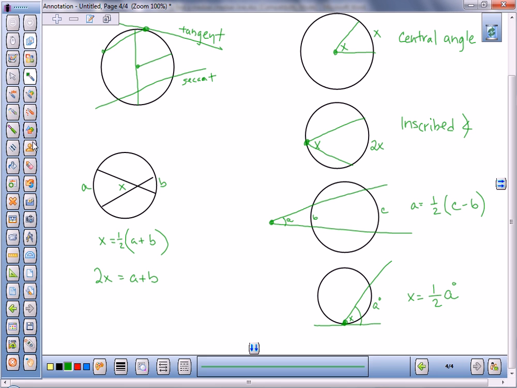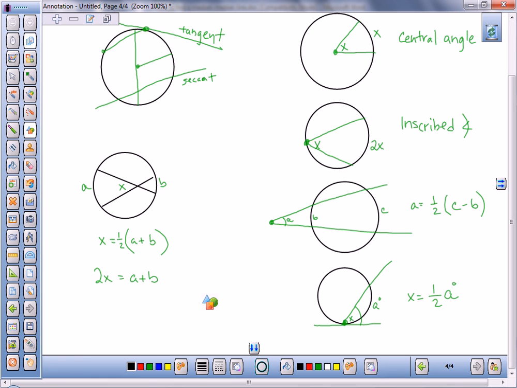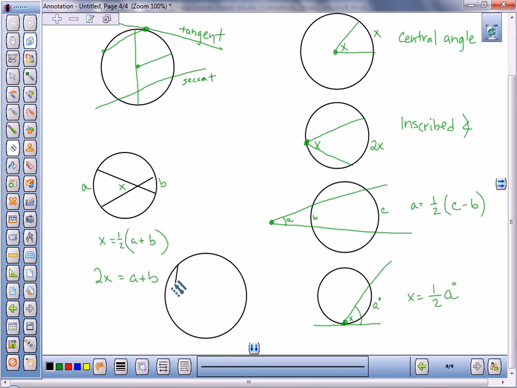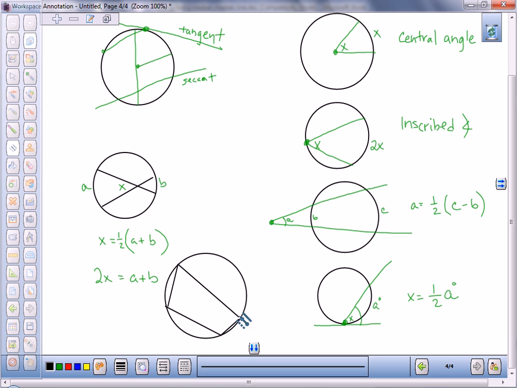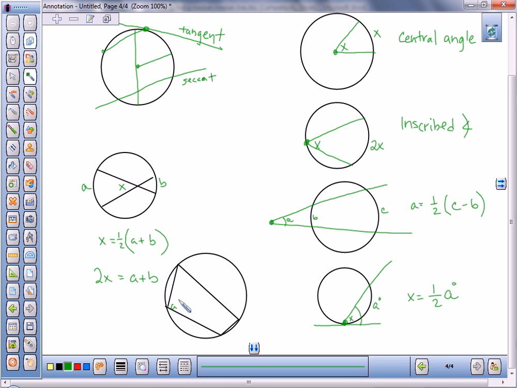If we have a quadrilateral inscribed in a circle, so we have angle A, angle B, angle C, and angle D, opposite angles are supplementary.